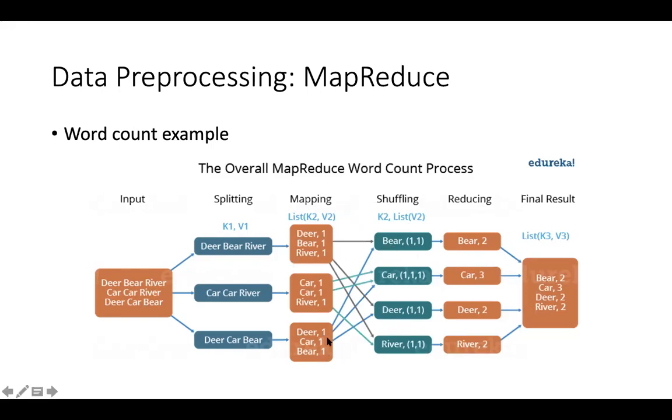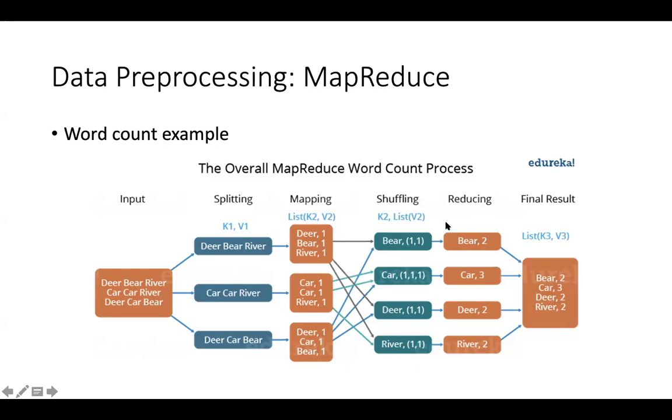So all the bears would be merged here into bear 1, 1. There's bear 1 here and bear 1 there. These two are merged into a single list where the key becomes bear, and the value list becomes 1 and 1. Same thing happens to car: car 1, 1, 1. Deer 1, 1, river 1, 1. So that's the shuffling phase.